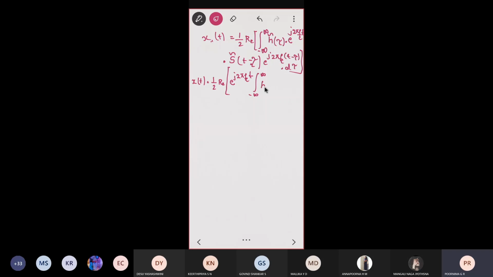What are the terms you have? h tilde of tau, and s tilde of t minus tau, into d tau. Please solve along with me so that it will be easy from your examination point of view.